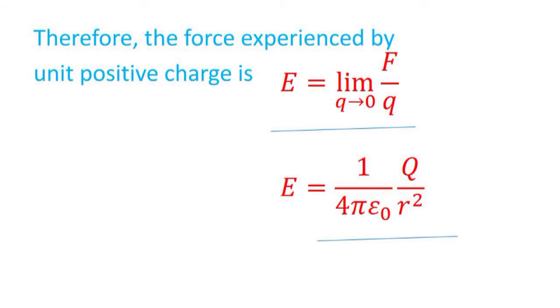Therefore, the force experienced by the unit positive charge is the limit q tends to 0 of F by q, which is equal to 1 by 4 pi epsilon 0 Q divided by R square.